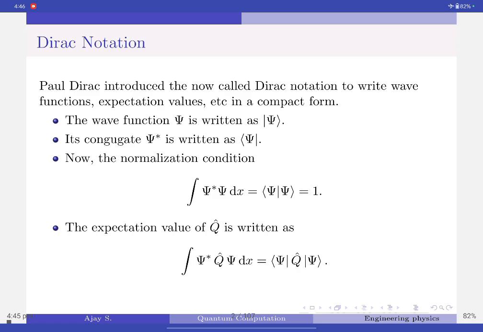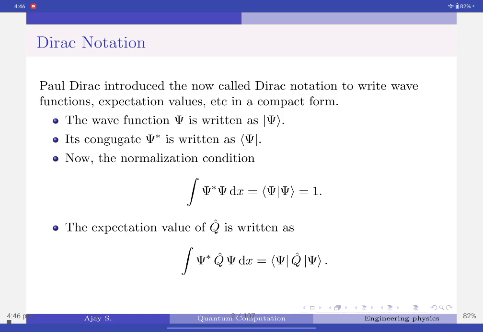Now the normalization condition that psi star psi integrated should be equal to 1 is written in this fashion: bra psi and ket psi. So together it is called bracket. This has to be equal to 1, which is the normalization condition.